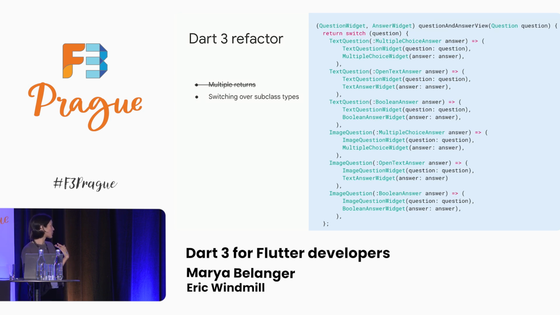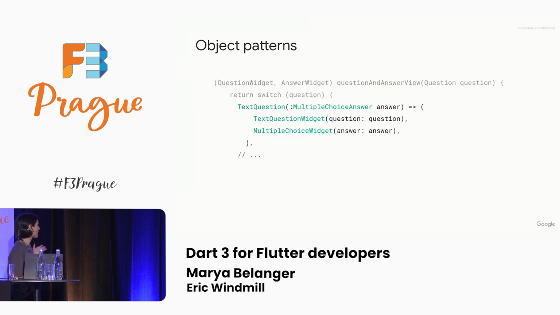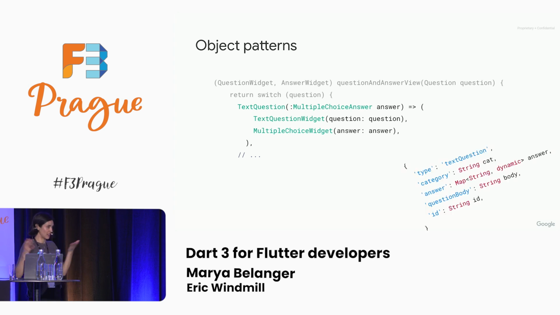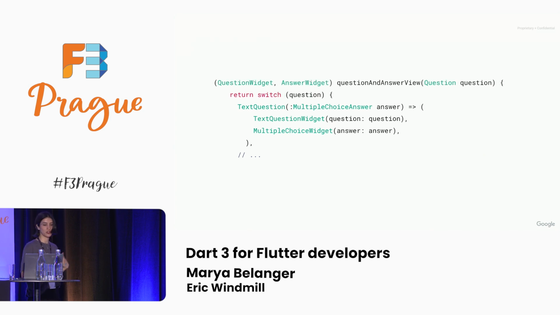Dart 3 also gives us a way to make objects more usable with all the new features. So let's see how that works. Zooming in again on the case so we can see what's happening here. Recall that in the last example, we used a map pattern because that's just a good way to represent JSON data. But here, we're switching over an object, an instance of our question class.